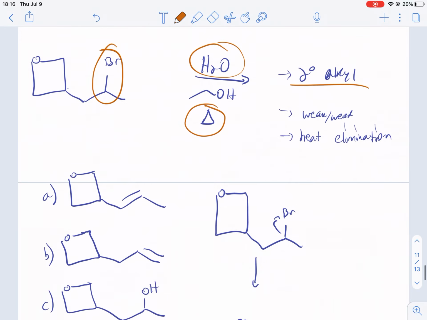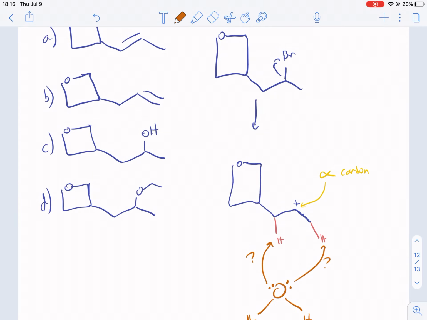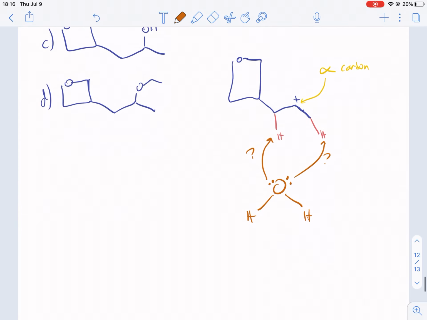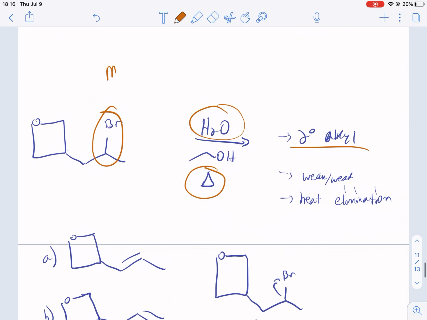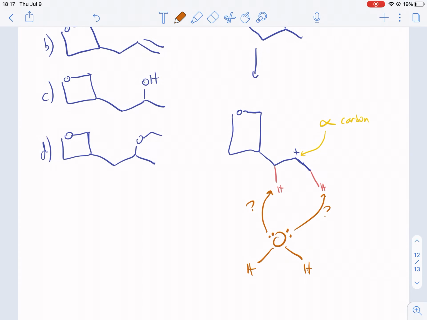So I didn't specify, but we want the major product for this reaction. I meant to write that. The major product for an E1 reaction will be the alkene that is more substituted, aka there are more carbons connected to it.